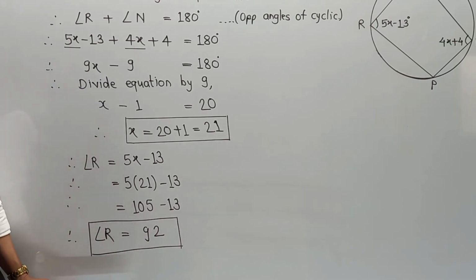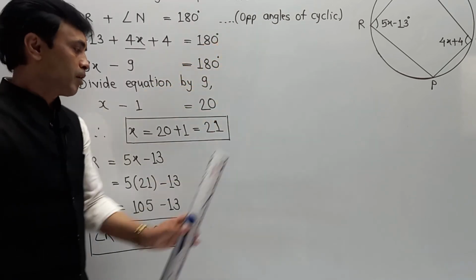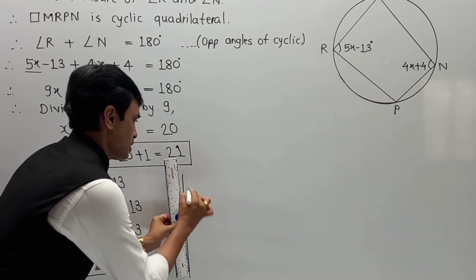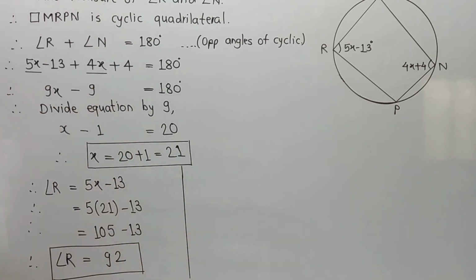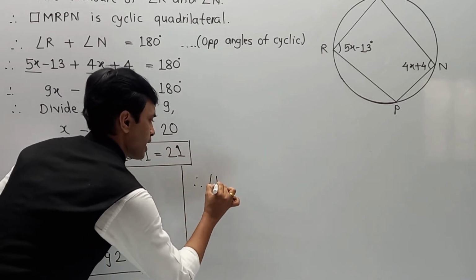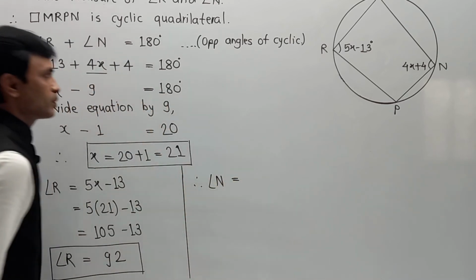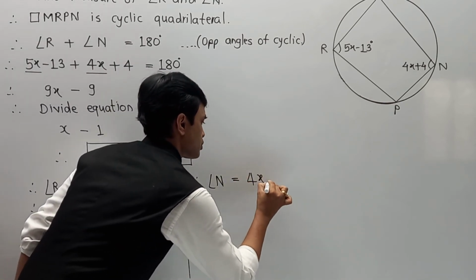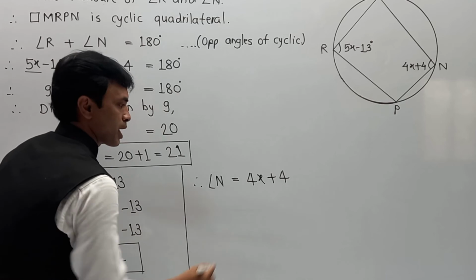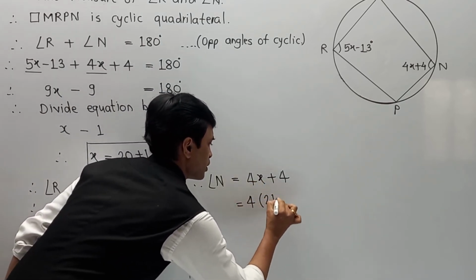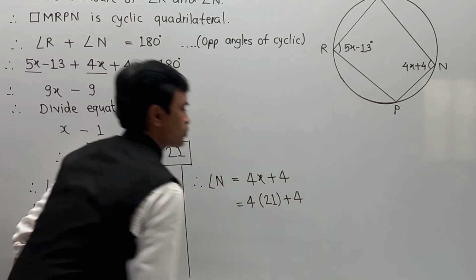After calculating the value of R, our next target is to calculate the value of angle N. Therefore, angle N is given as 4x plus 4 degrees. Value of x is 21. So 4 into 21 plus 4.